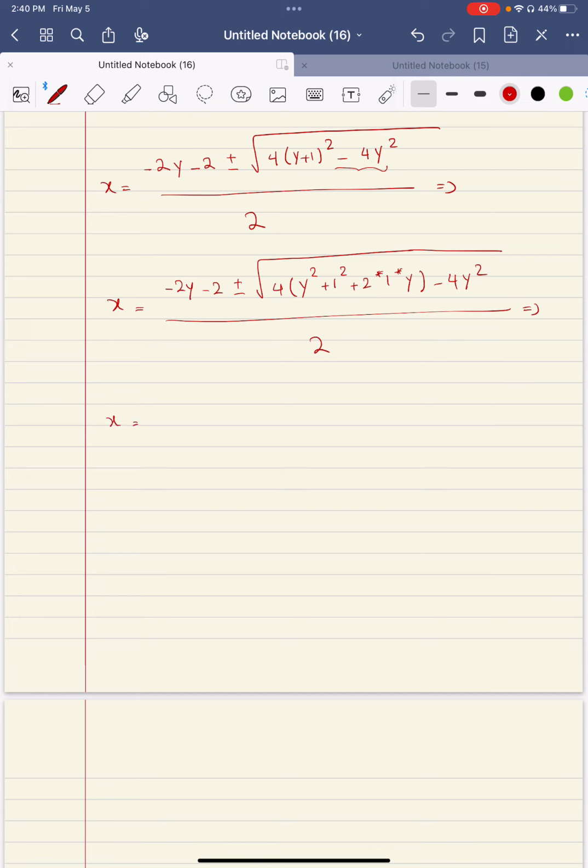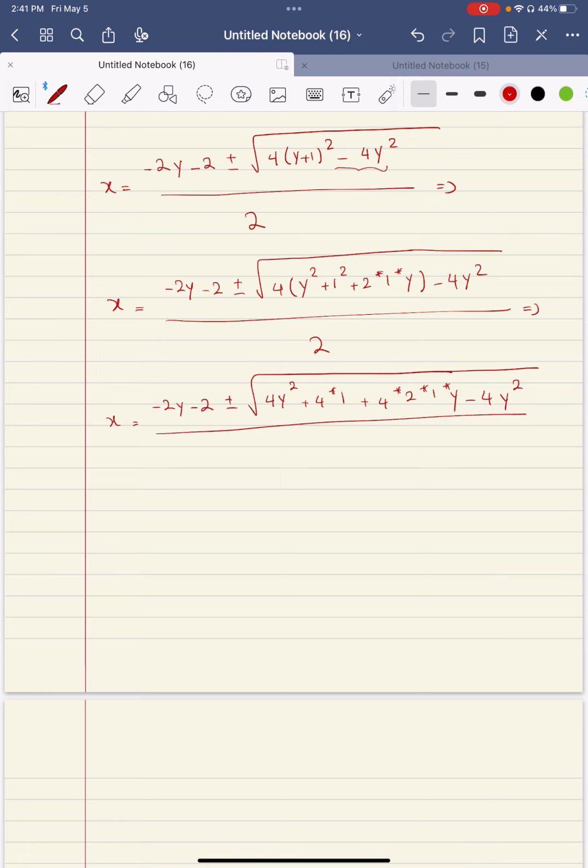So x would be negative 2y minus 2 plus minus root. I would apply a 4 in here, and it would be 4 times y to the power of 2 plus 4 times 1 plus 4 times 2 times 1 times y, minus 4 times y to the power of 2, over 2.